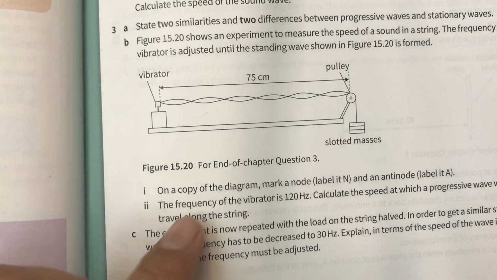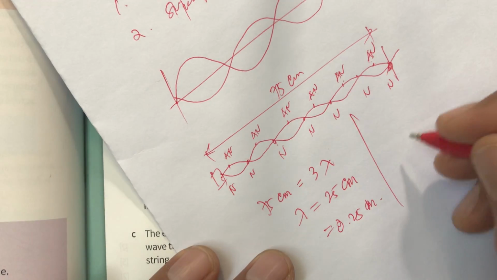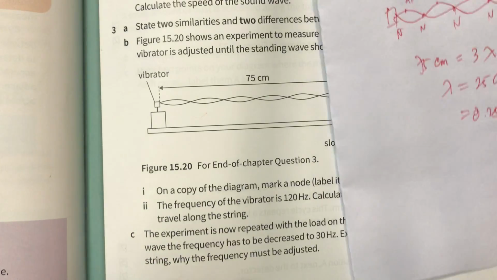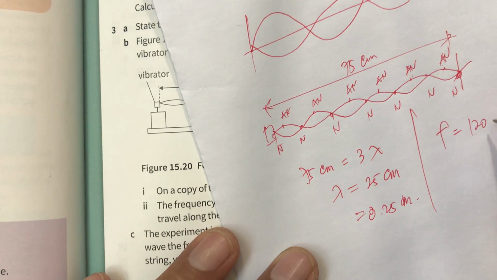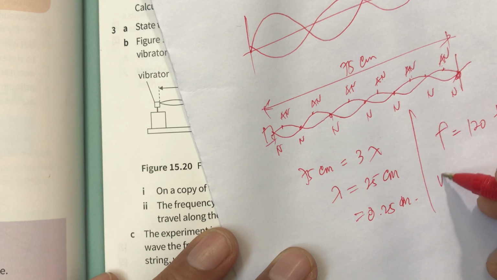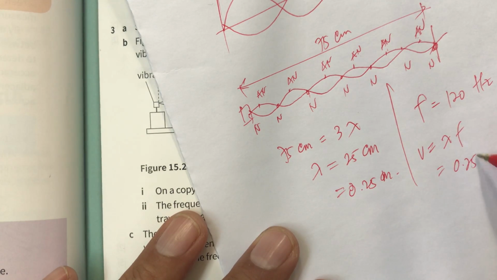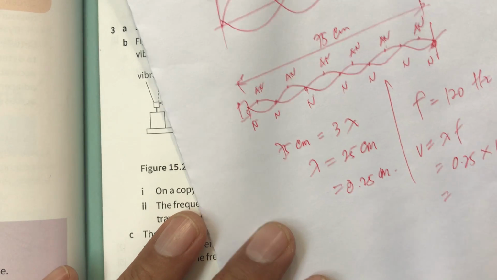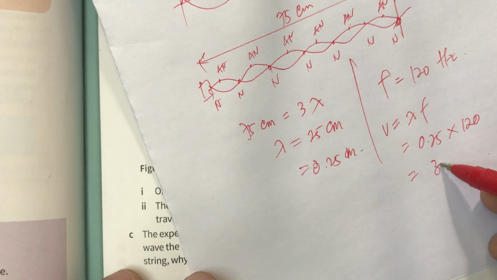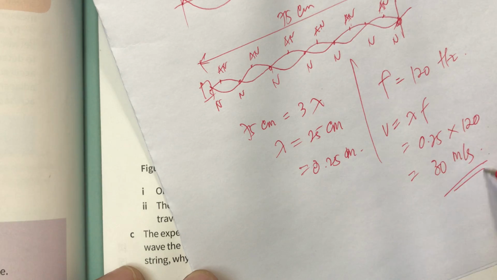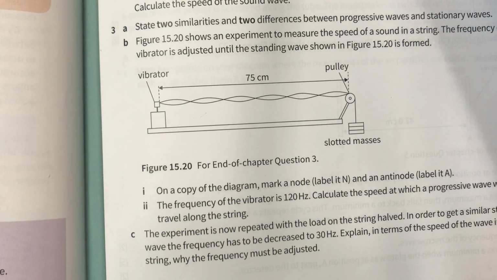If the frequency of the vibrator is 120 hertz, v equals lambda f, 0.25 times 120, so around 30 meter per second. Yes, this is the velocity of this wave.